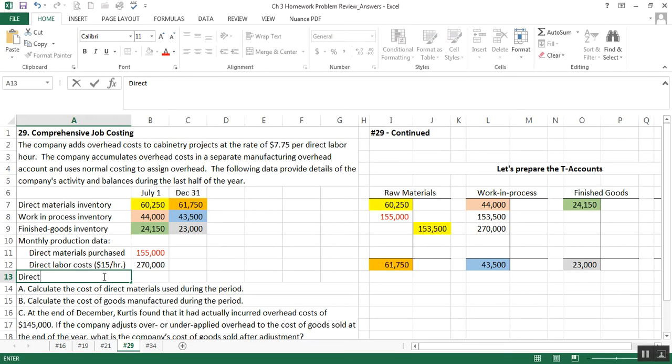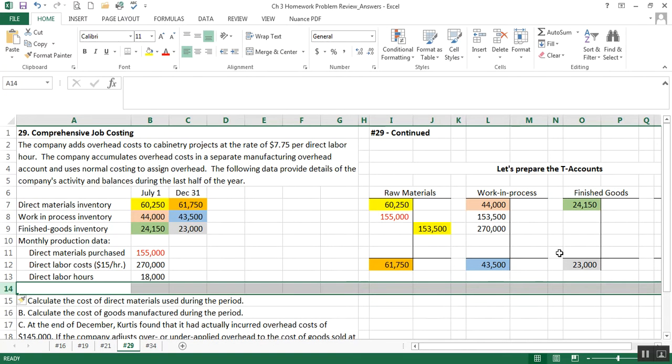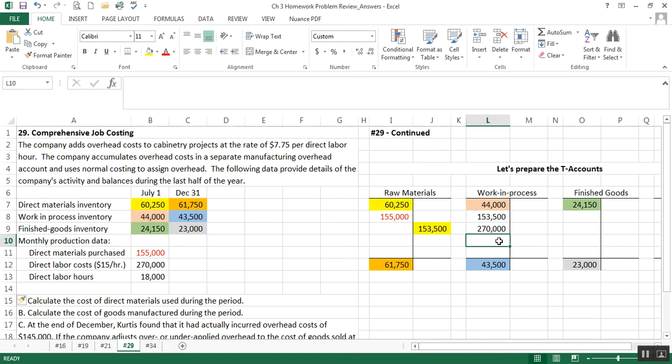That means that the direct labor hours for this period was $270,000 divided by $15. So 18,000 hours. Okay? So we take our 18,000 hours times $7.75 per hour to calculate our overhead.